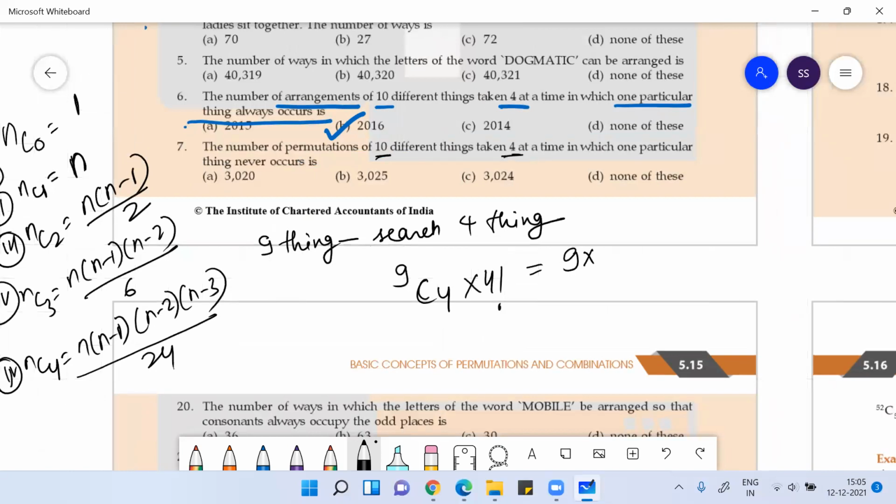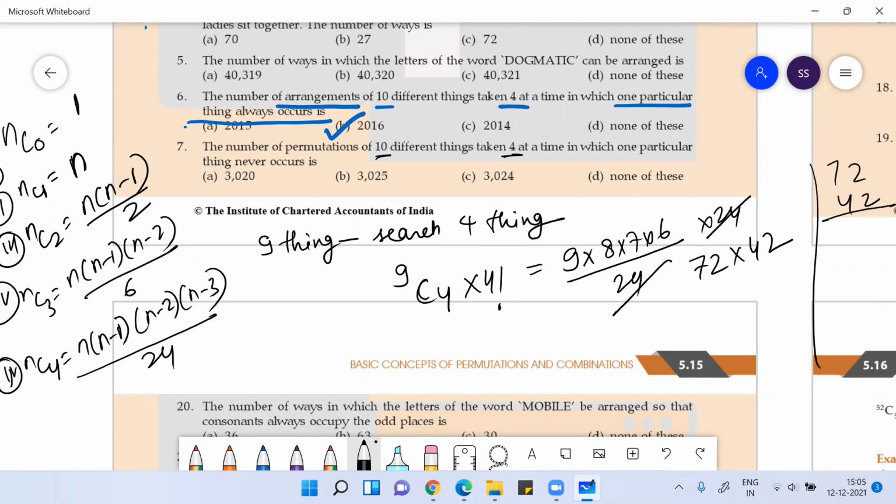So what is 9C4? That is 9 into 8 into 7 into 6 divided by 4 factorial, 24. The 24s get cancelled. So this would be 72 into 42. What is 72 into 42, guys? This is 3024.